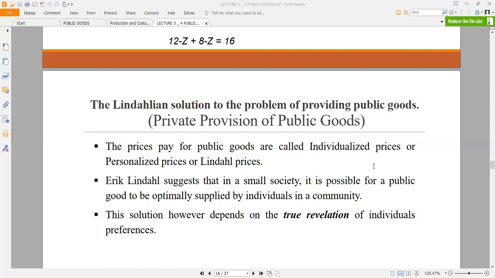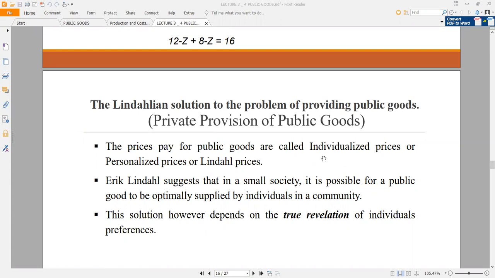Just like the example that we saw, Andy is willing to pay $10, and Bob is willing to pay $6 so that they can produce that service that they are both going to benefit from. That price that they pay, we call it the Lindahl price, or the personalized price. Those are their respective valuations of the benefit that they are getting from that.